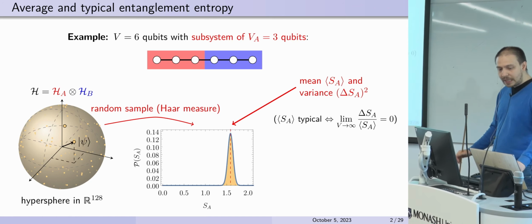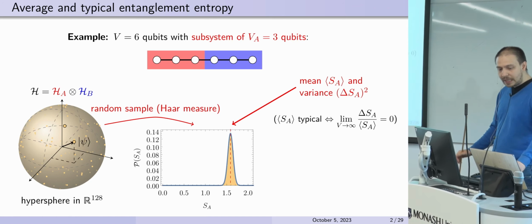If that happens, we can really say that this average describes the typical property of all pure states in this ensemble, which of course means there will be states whose entanglement entropy is not at the average, but those will be a set of measure 0 in the limit of a large quantum system.